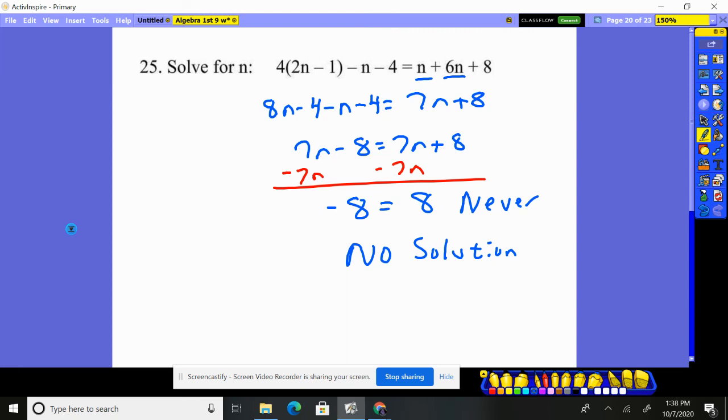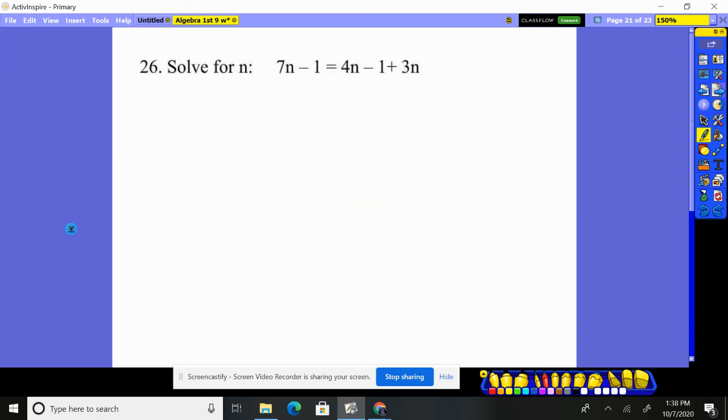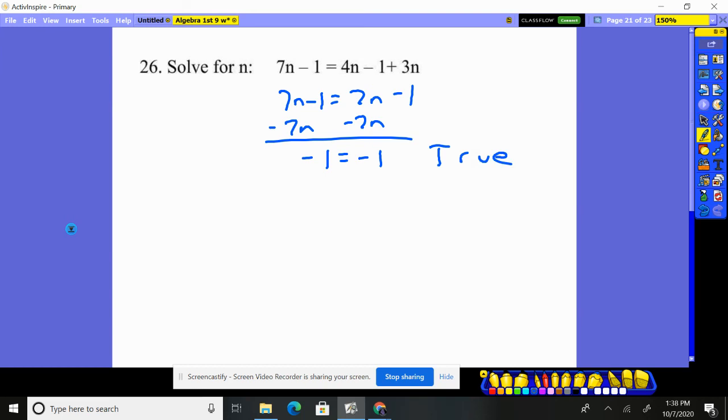We have a false statement, so that it's never true. So there's no solution. Here, okay, 7n minus 1 equals 7n minus 1. Equals itself, it's the same thing. We subtract 7n, we end up with negative 1 equal negative 1. That is always true. That is always going to happen. That means there's an infinite number of solutions here.